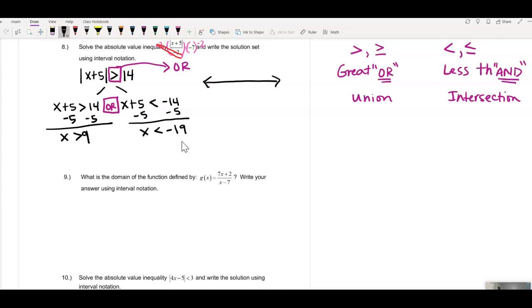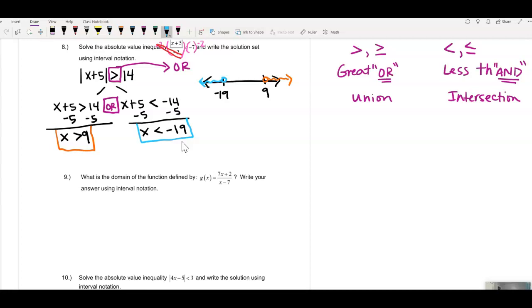So negative 19 is somewhere over here, and somewhere further to the right is my positive 9. I'll do these in two different colors, just to hopefully make it stand out. So everything greater than 9, it's an open circle here, and everything to the right. And then the other one: open circle at negative 19, and all the stuff less than that.